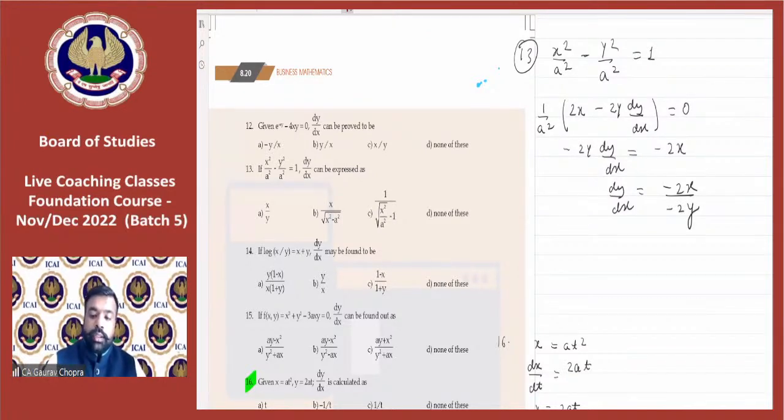So minus 2 and minus 2 will get cancelled. The final result is x upon y. This is simply x divided by y.